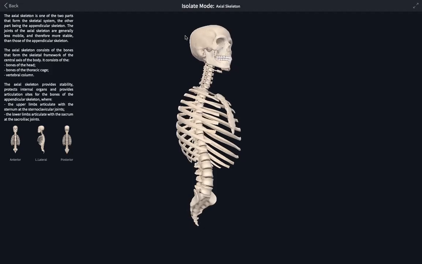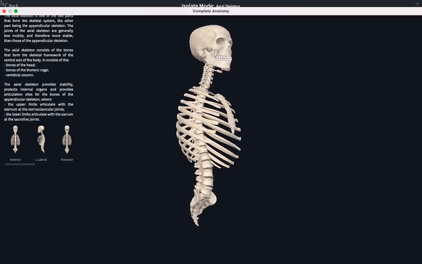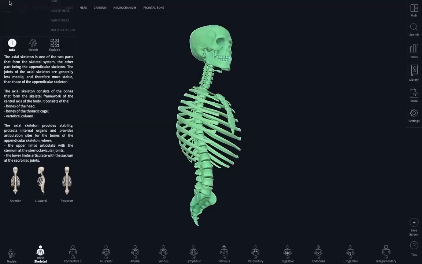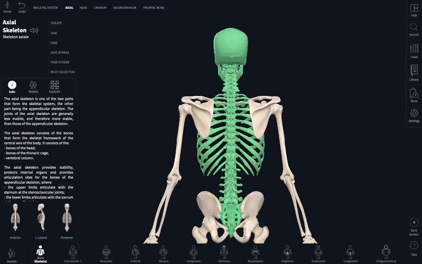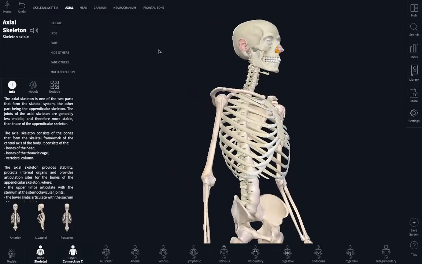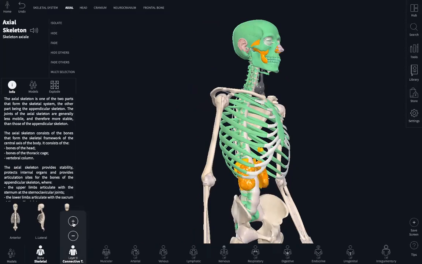So if I introduce cartilages in this part, wait, I'll just go back and I'll introduce cartilages here. Introduce muscles also.